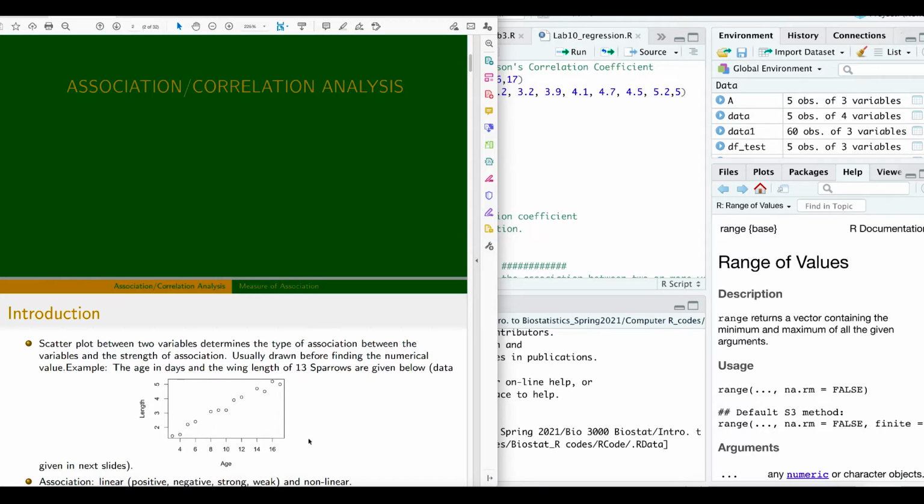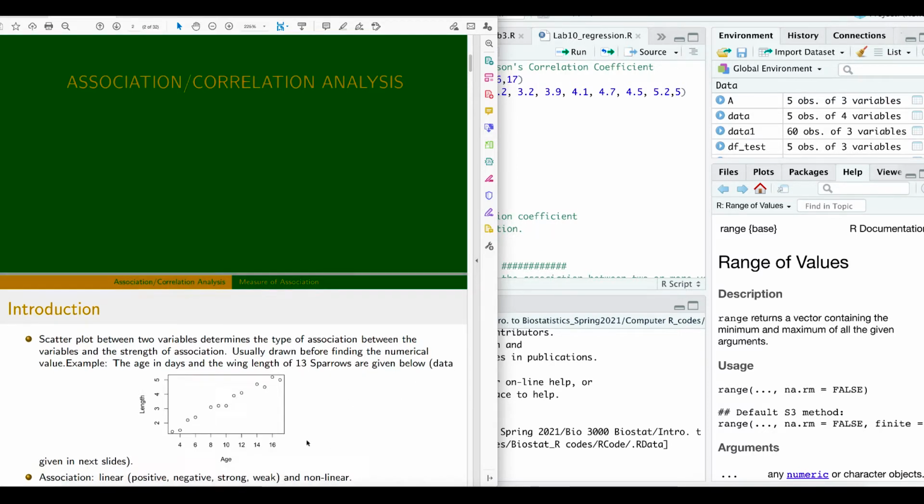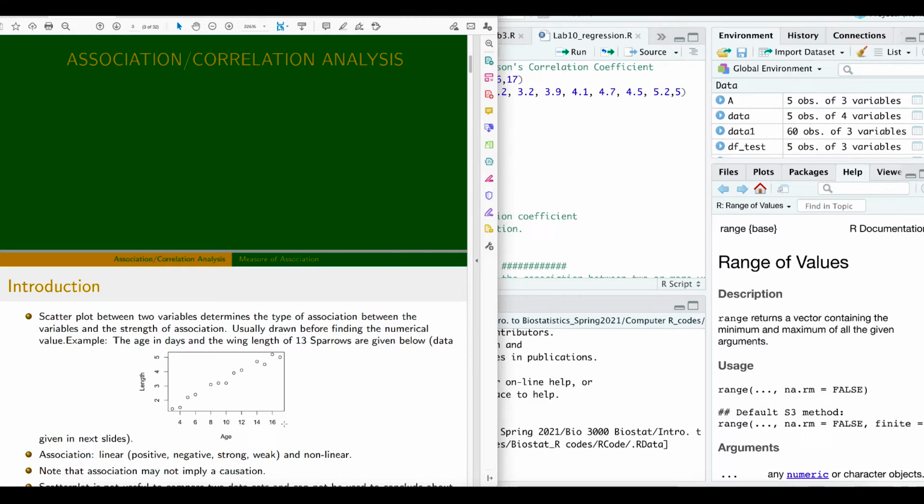The data will be given in another slide. Along the x-axis there is age, along the y-axis there is length of the wings. Age is in days and the length is in centimeters. Whenever age is bigger, the length is also bigger. So you can see that age and length are related or associated to each other.